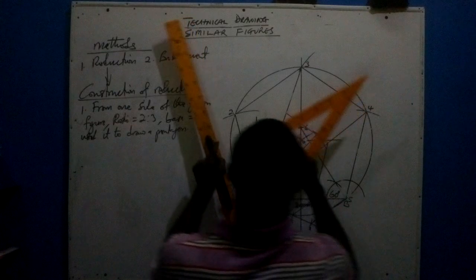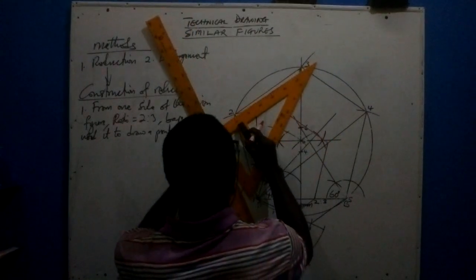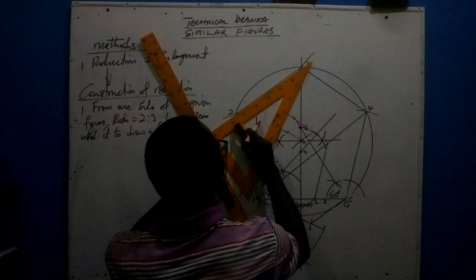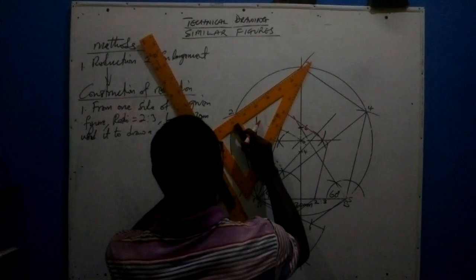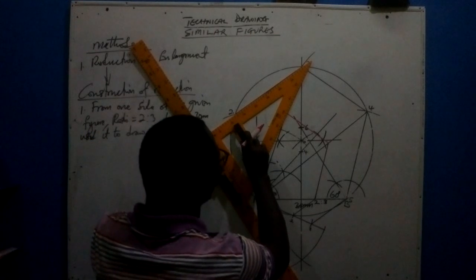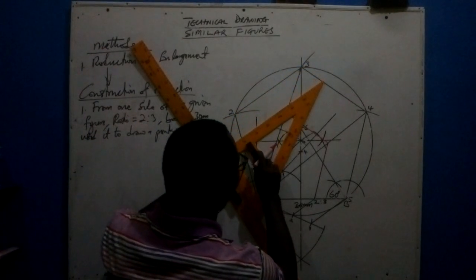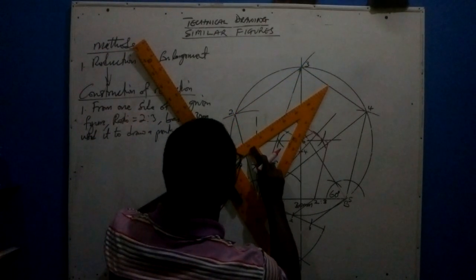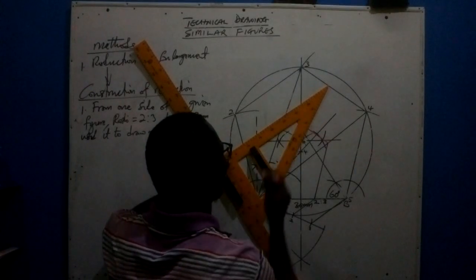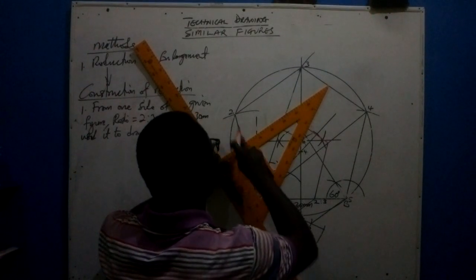Then I'll come to my 2 and 3 line. I'll take my reference, guide it with the rule. Then I'll move to where the 3 ends. Then I'll come there. This is where it ends on number 2. And this is the 1 and 2 line.